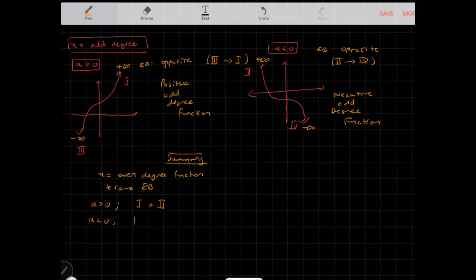If it's a negative even degree function, you'll have the end behaviors in quadrants 3 and 4. Now, if n is odd, an odd degree polynomial function will have opposite end behaviors. If it's a positive odd degree function, we'll find the end behaviors in quadrants 3 and 1. And if it's a negative odd degree function, we'll find them in quadrants 2 and 4. Keep this in mind, and I'll show you some questions later on to illustrate some of these.